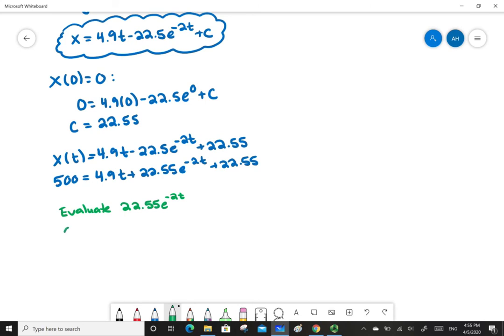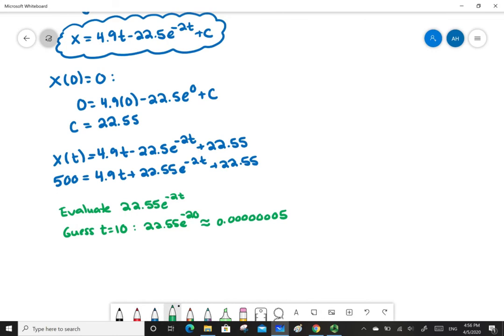If I guess about 10 seconds to fall, then 22.55 times e to the negative 20 is approximately 0.0000005. That's small, too small to matter.